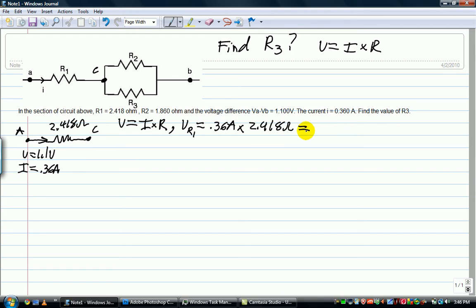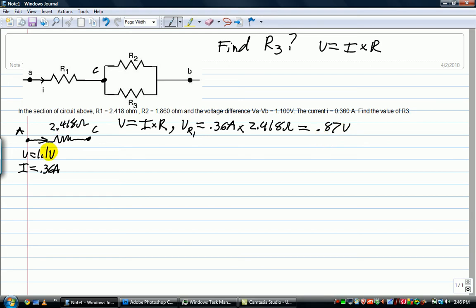Now give me a moment as I do that on my calculator. Alright, the value is 0.87 volts. So that's voltage dissipated, or you can think of that as the voltage used up.